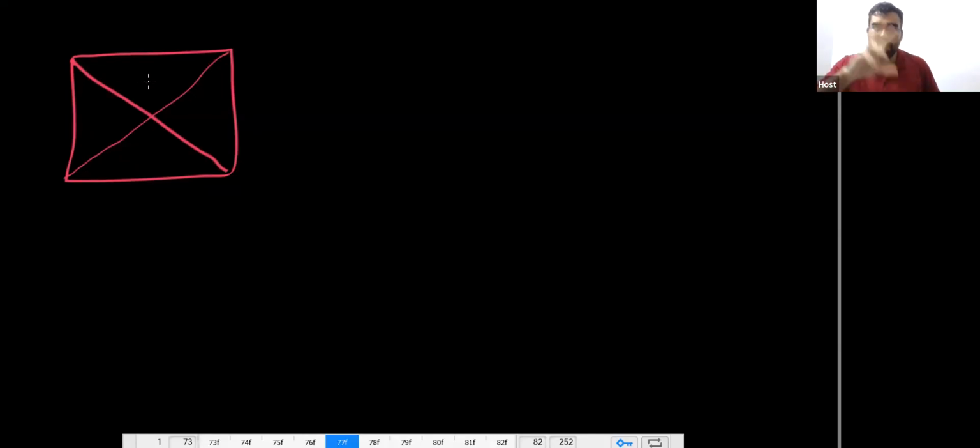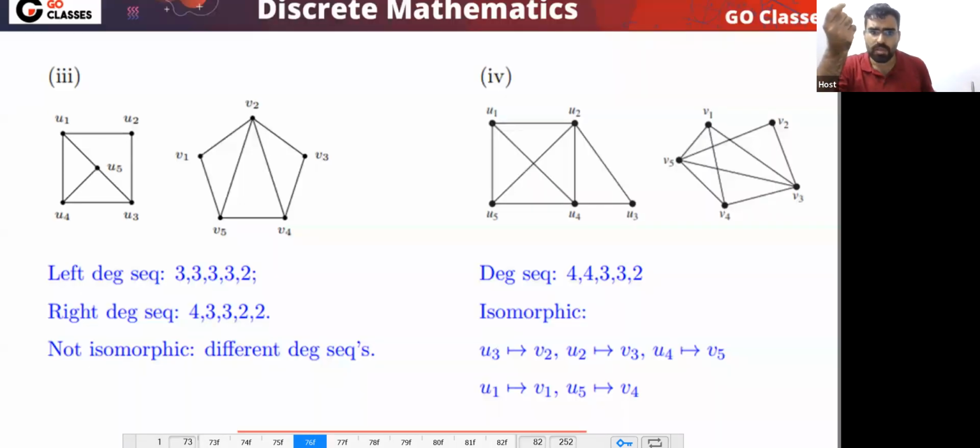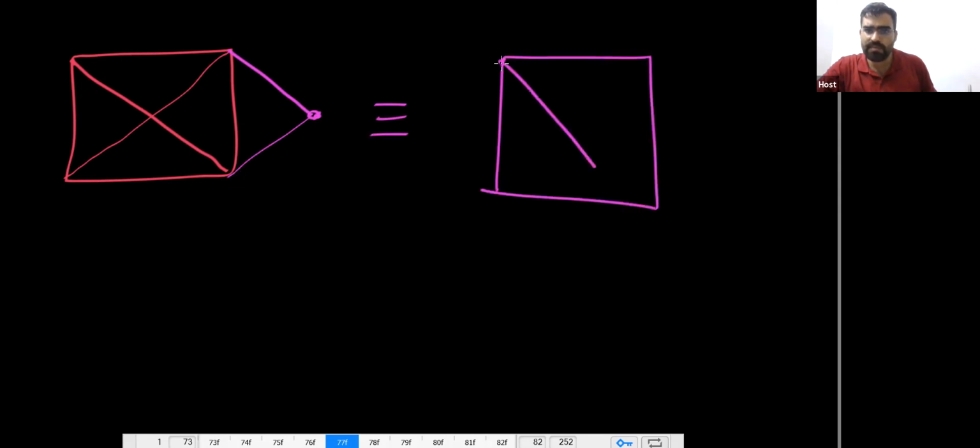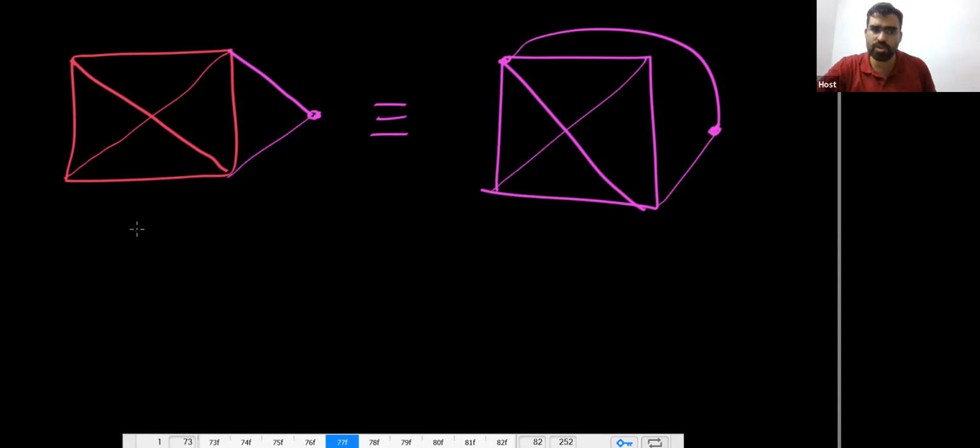In a complete graph, all the vertices are symmetric. So this you can put to any. If I give you a complete graph and I do this, then that will be the same, because in a complete graph, the vertices are isomorphic.